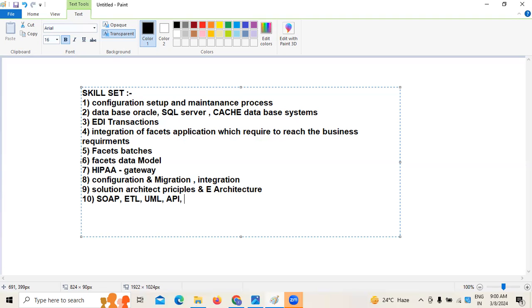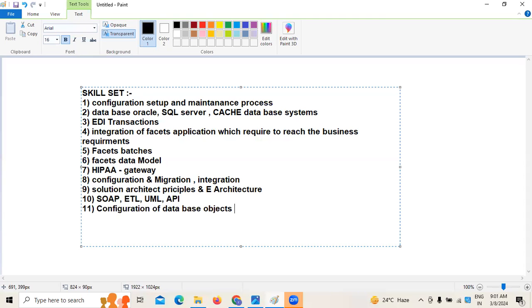So understanding API is also one of the key and important elements in solution architecture that one must be good with. At the same time, we must have some idea about the configuration of database objects, like tables or clusters, right?